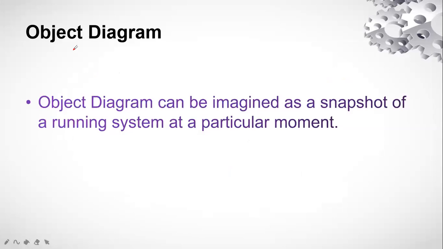So when we say object diagram, the basic fundamental is that we all know a class is an abstract form and an object is the instance of the class. That means when we pass data to the class, that particular data value forms the object.